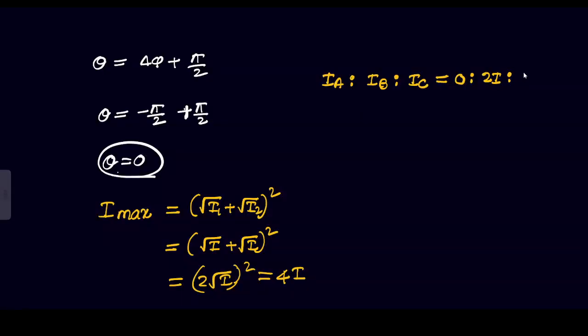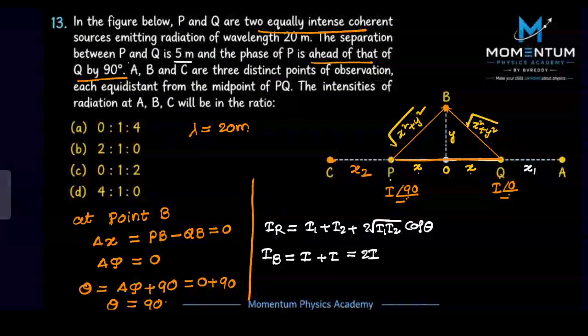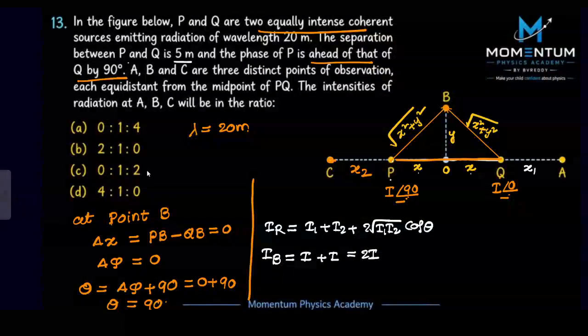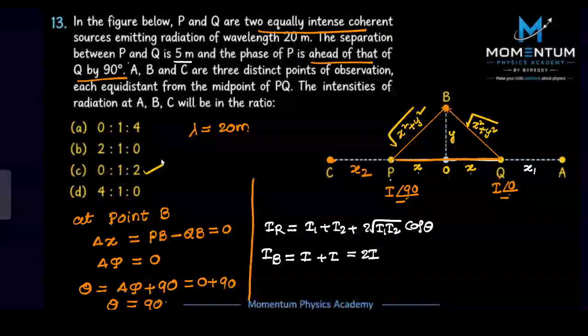At the point C, 4I. If we see the ratios, 0 to 2I to 4I, we can cancel the 2 here, so 0 is to 1 is to 2. Now see the options. Option C. Like this, we need to solve these problems.